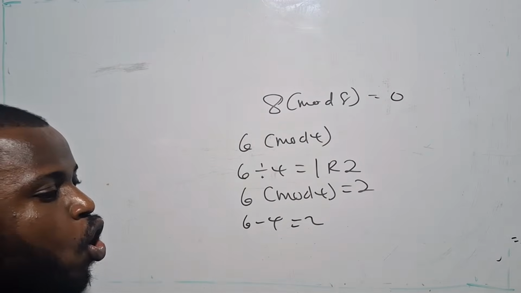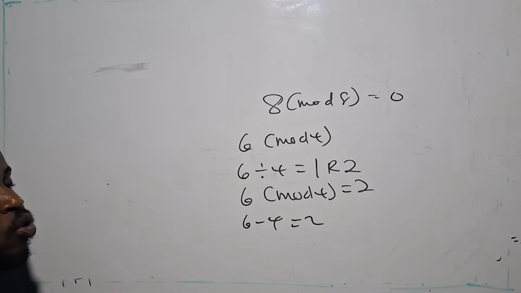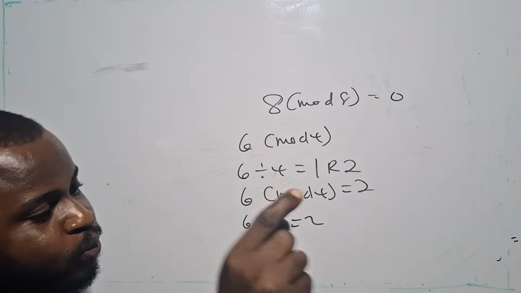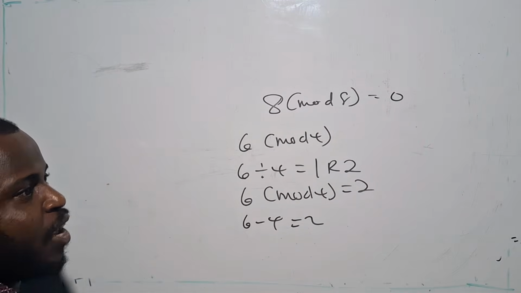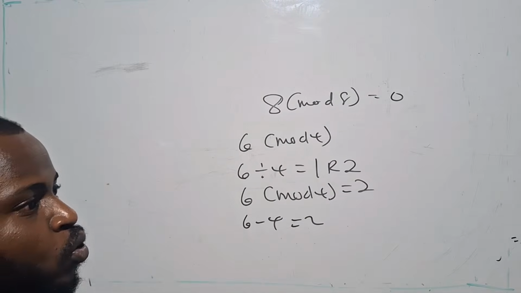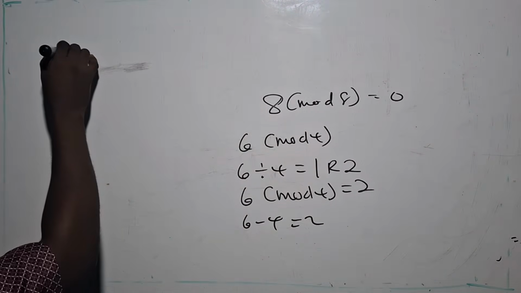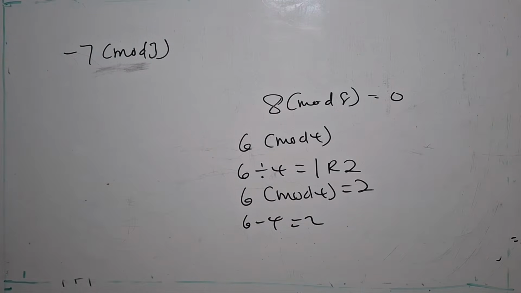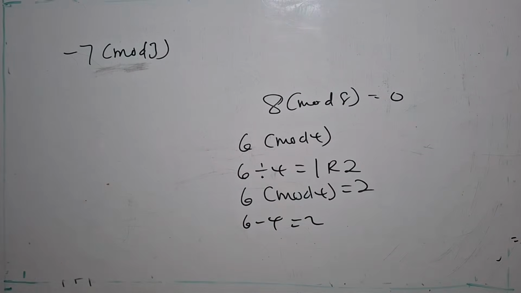Also, negative numbers in modulo are determined by adding the modulo number until a positive number is obtained. The first positive number you obtain should be lesser than the modulo. For example, if I have negative 7 mod 3, we don't use any other method than the addition method.